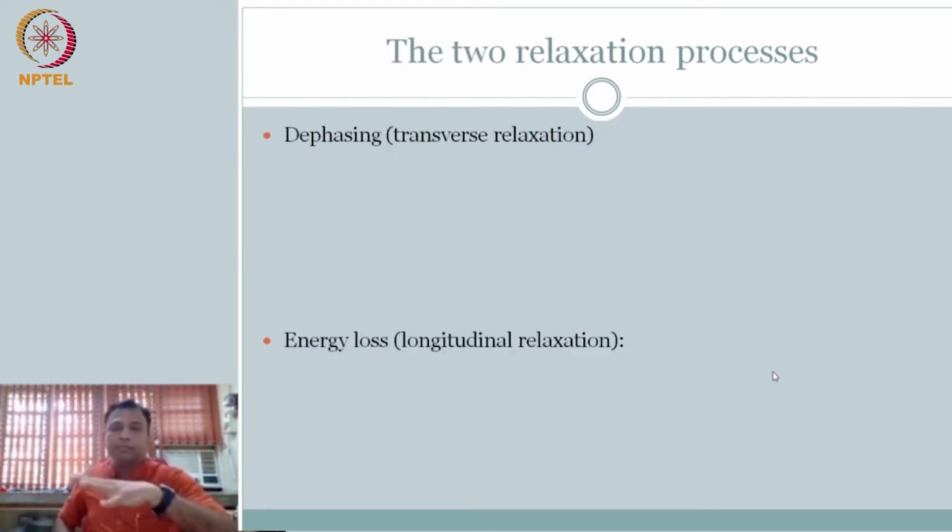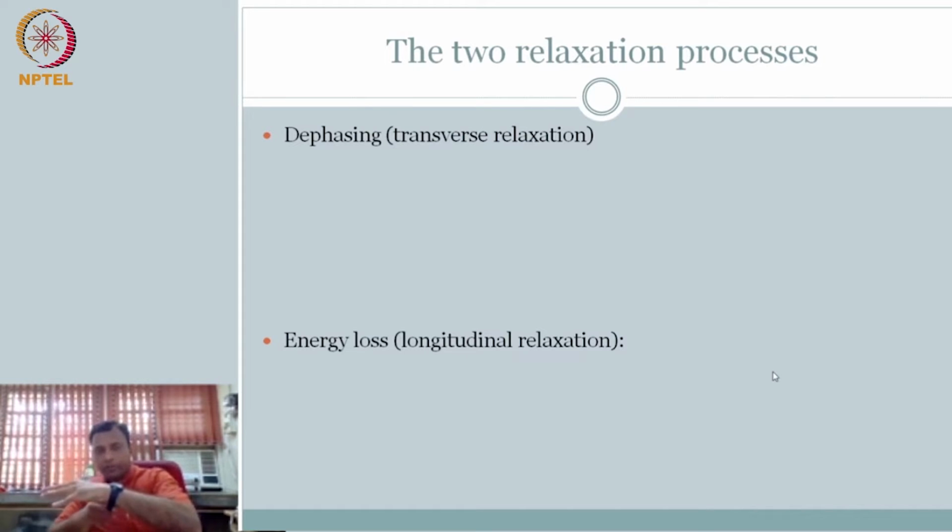One is the dephasing part, which we call transverse relaxation. Very intuitive, right? This is the transverse signal that we got because in the XY plane we made everything coherent. So we made everything come in phase. The moment the excitation pulse, or the rotating B1 pulse, is off, it is going to start to dephase.